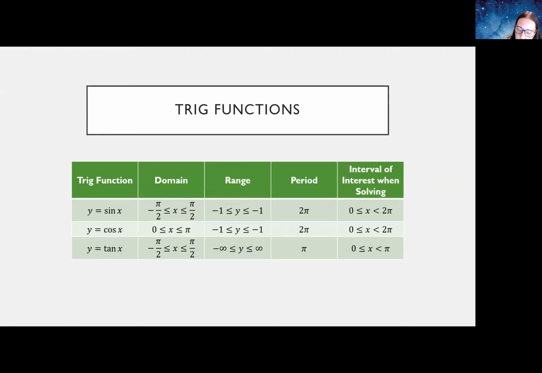And our interval of interest when solving, that's the important part here, is from 0 to pi. So whatever answers we pick for x, we want them to be between 0 and pi. That's the interval that we're interested in when we're solving, from the period. And then you can get other answers from there.